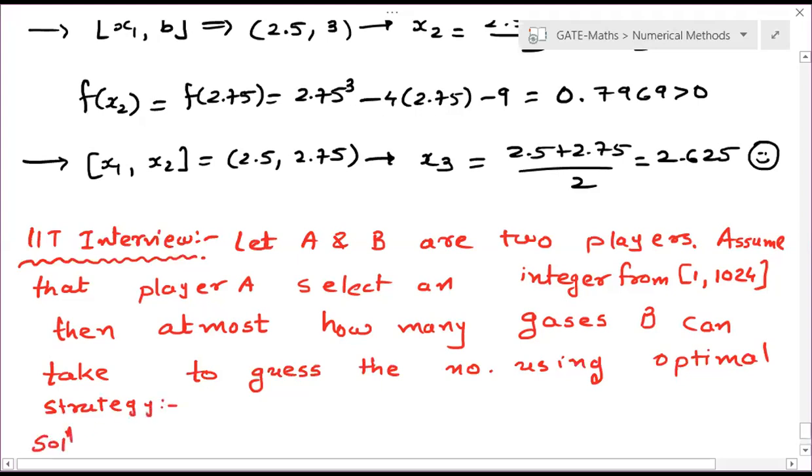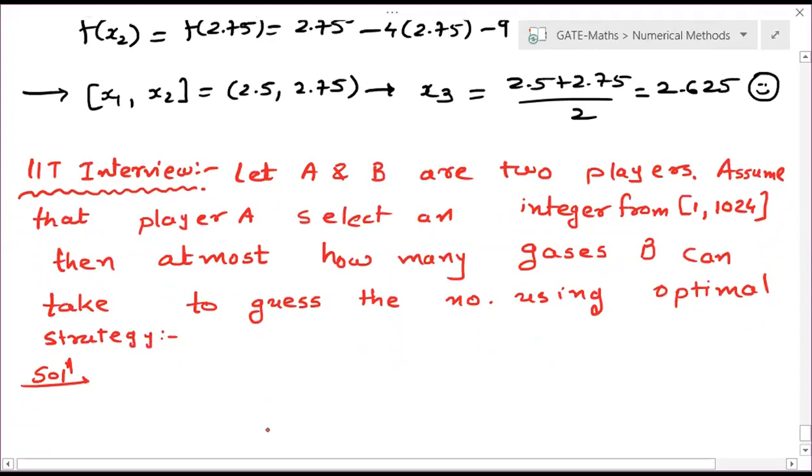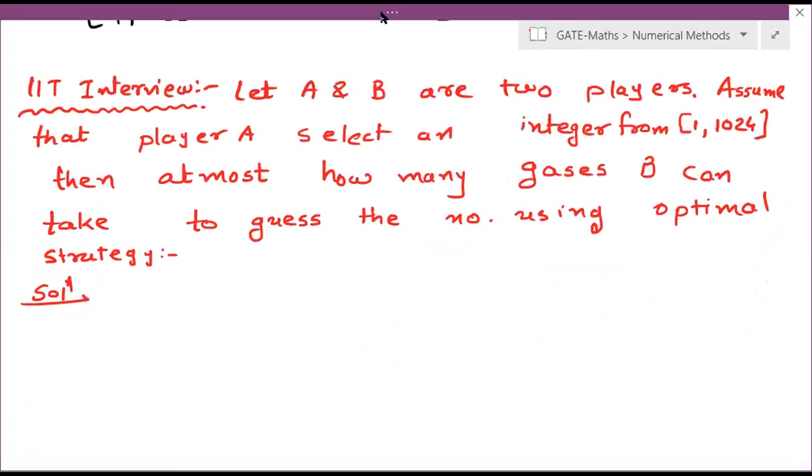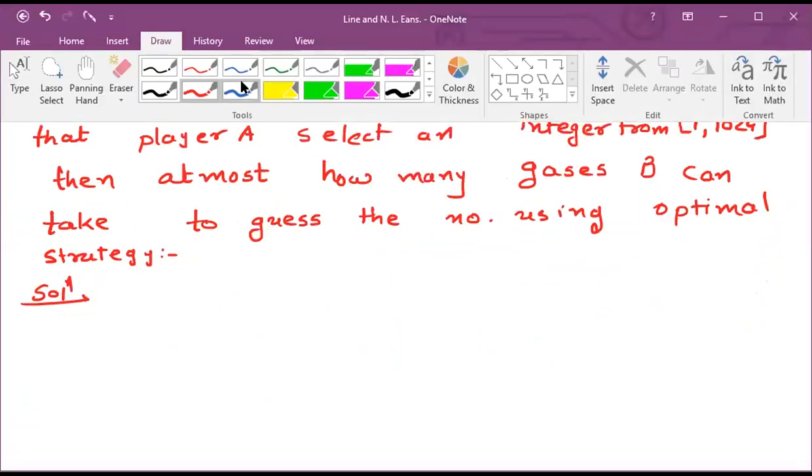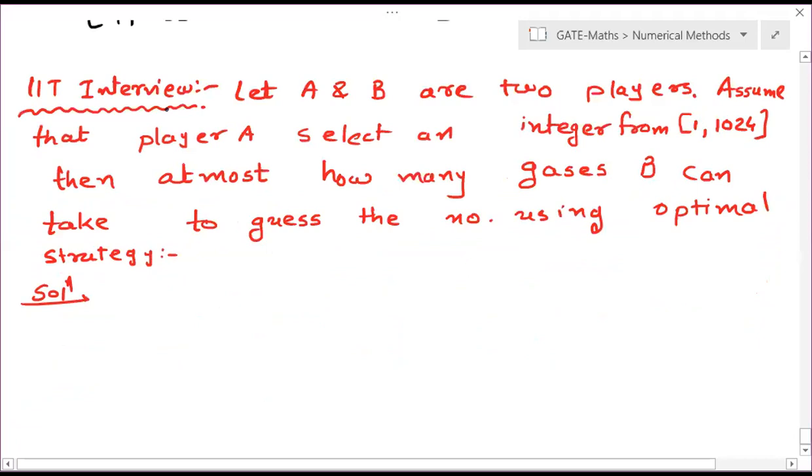Okay, solution. So optimal means, if you have studied operation research, you know the meaning of this optimal, right? Optimal means with minimum effort, you have to get maximum output. Okay. So A and B are two players over here. Player A is selecting any integer from 1 to 1024. Then at most means maximum.